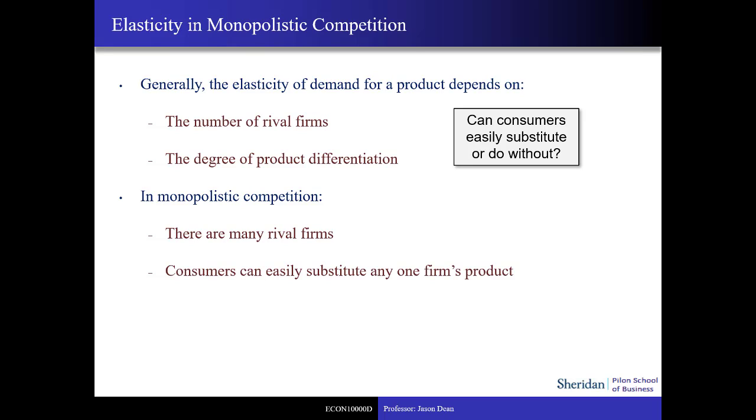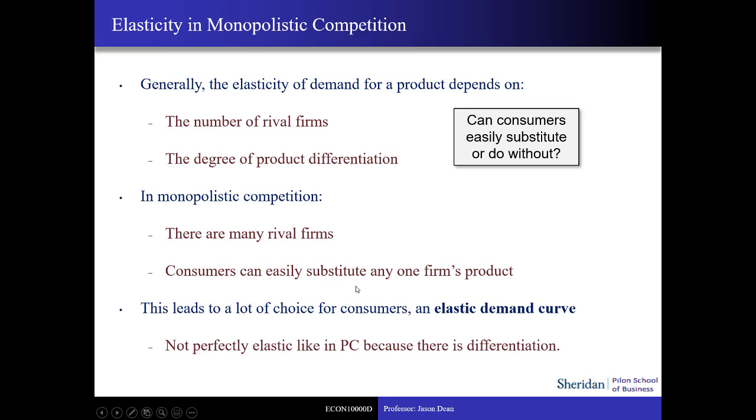I would focus more on the substitutability part, because you could easily do without any kind of hamburger, but it's the substitution that's key here. There are lots of substitutes, and so that would constitute an elastic demand curve. Okay, so it's not perfectly elastic like in perfect competition because of this differentiation.